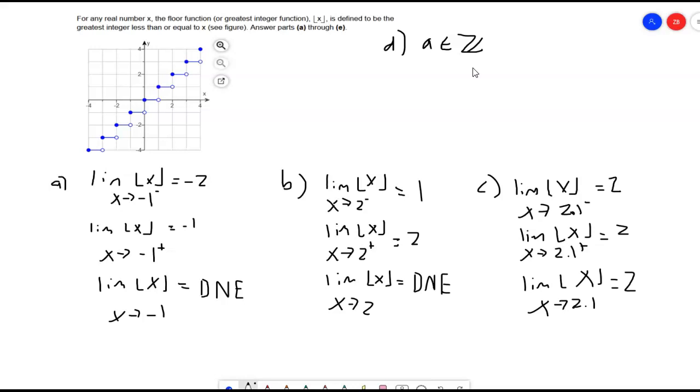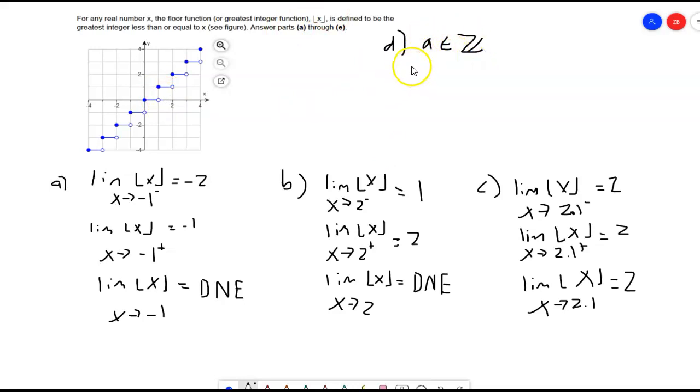It does not include numbers like 0.3 or 1.3. It does not include non-perfect-square radicals or imaginary numbers. It's all of these, like -2, -1, 0, 1, 2. Let's try it with all integers and see what we have.